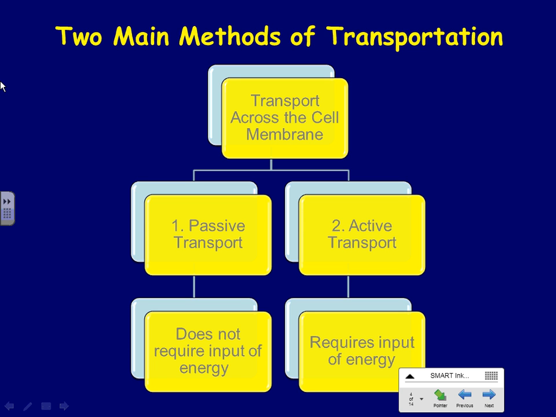Passive means not participating, right? Not having to do anything. So passive transport just happens all on its own. The laws of physics govern it. Well, laws of physics govern everything, but that's what drives it. Active transport, the cell is doing something to transport something, and that takes energy.